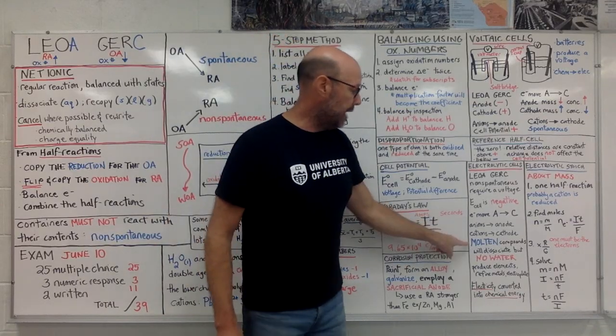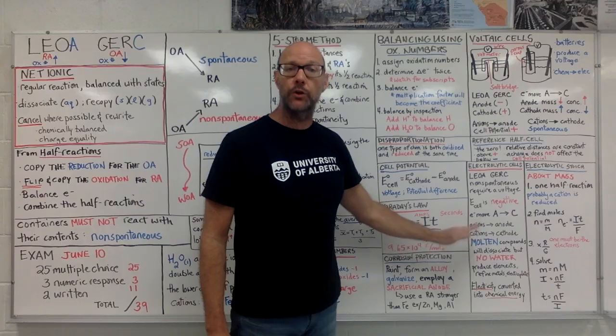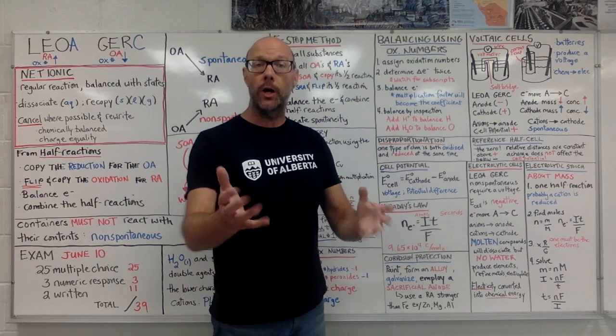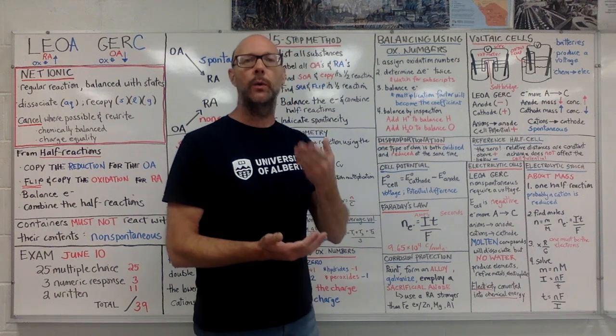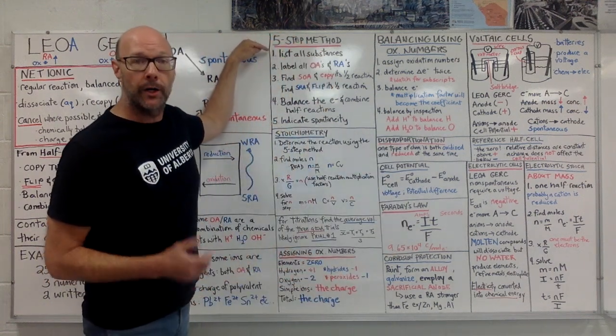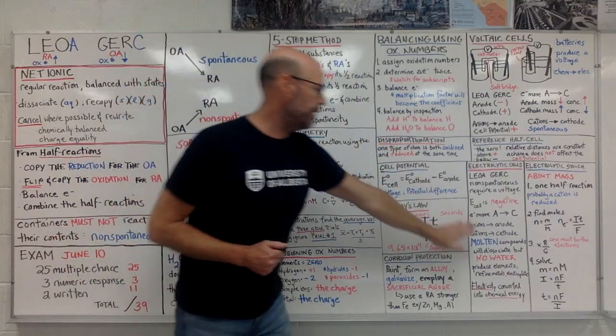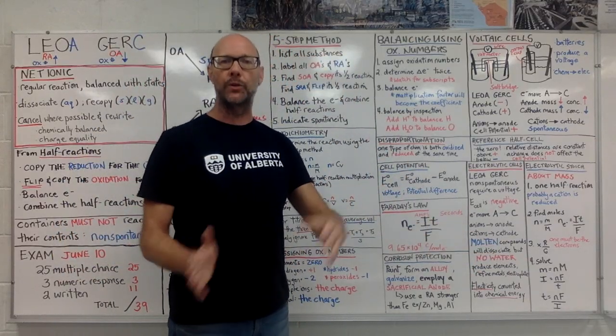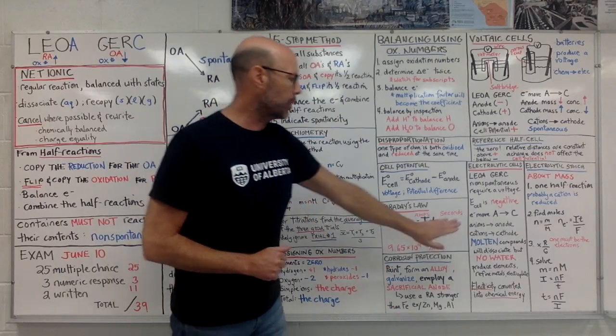Finally here, it's really going to be common for us to encounter the word molten when we're working with electrolytic cells. Not always. If we have an aqueous solution, when we're making our list, we're going to put water in our list. If we have a molten salt, molten sodium chloride, molten potassium iodide, we're going to have ions.